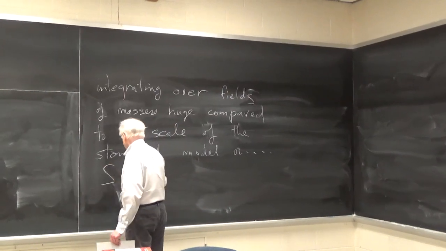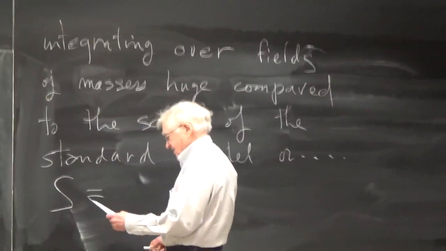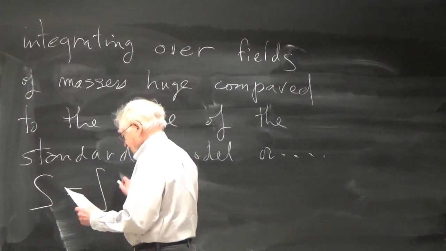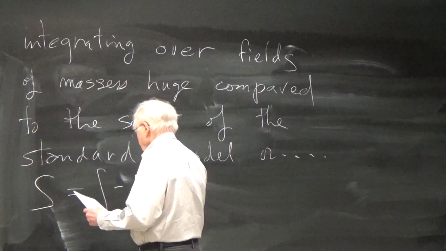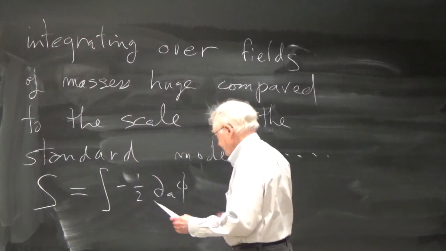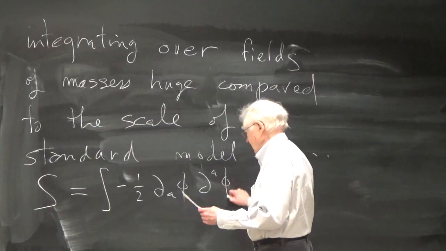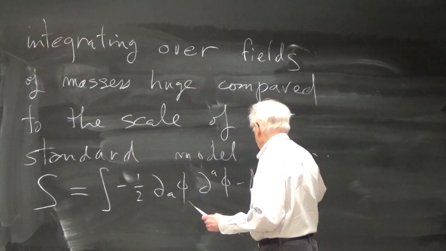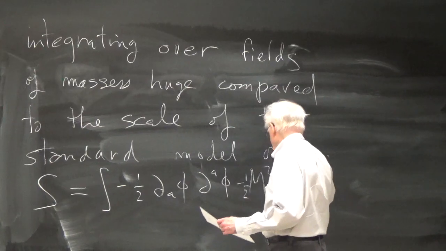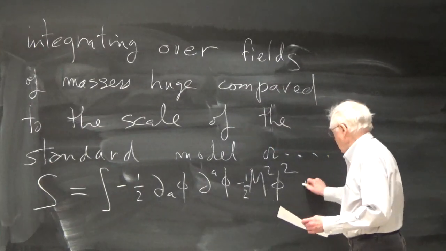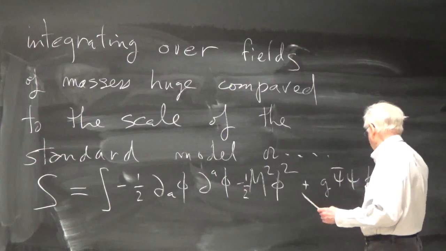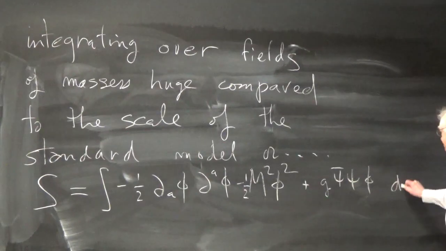So let's, to write this in the simplest form, simply suppose that the action is minus a half dφ squared minus a half M squared φ squared plus g ψ bar ψ φ, d4x.